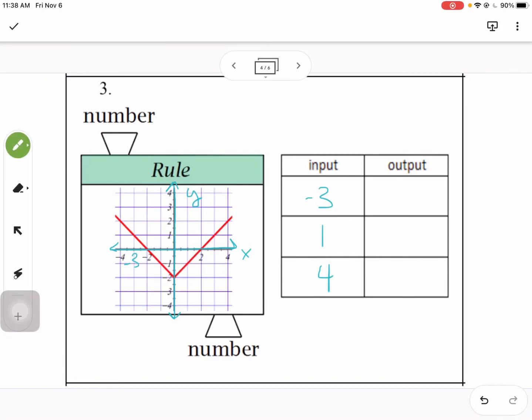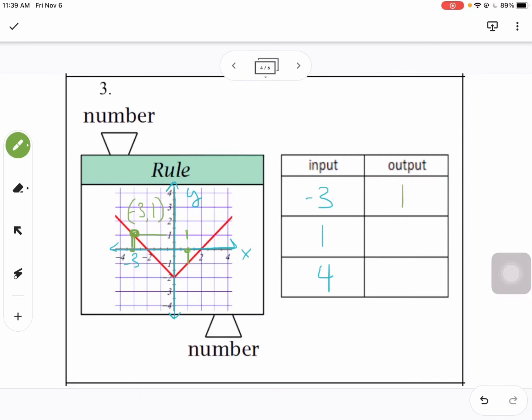Okay, so I'm going to look for my input first on my x-axis. I see my input at -3. I'm going to draw a line up or down until I reach my function. So this point is at -3, comma, my y at that point is 1. So when I input -3, my output is 1. I'm going to input 1 now. Here's where 1 is.